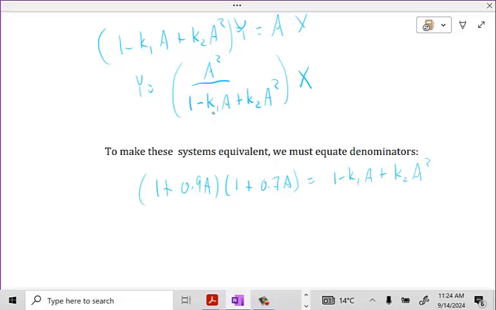And if you work that out, this becomes 1 plus 1.6A plus 0.63A squared, which is equal to 1 minus K1A plus K2A squared, and that gives you K1 and K2. Now, if I made an algebra mistake, you'll be able to trace it back, but that's the process. I think that works pretty nicely, and I hope that's helpful for you.